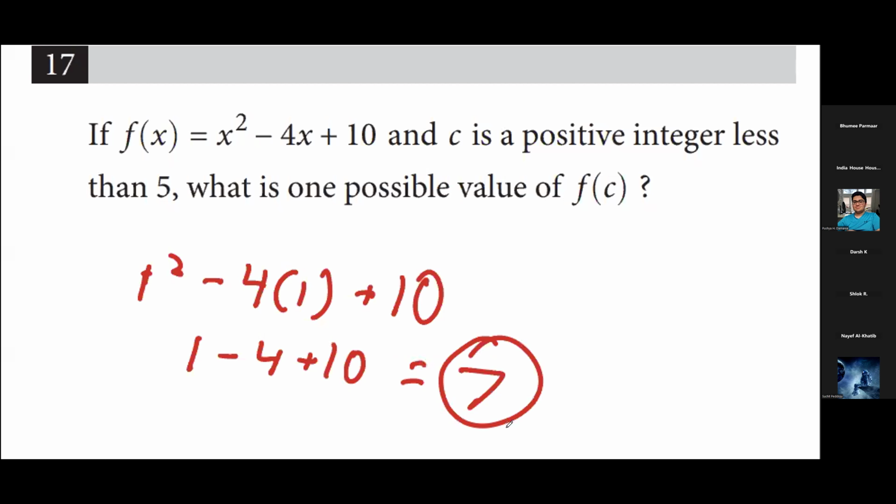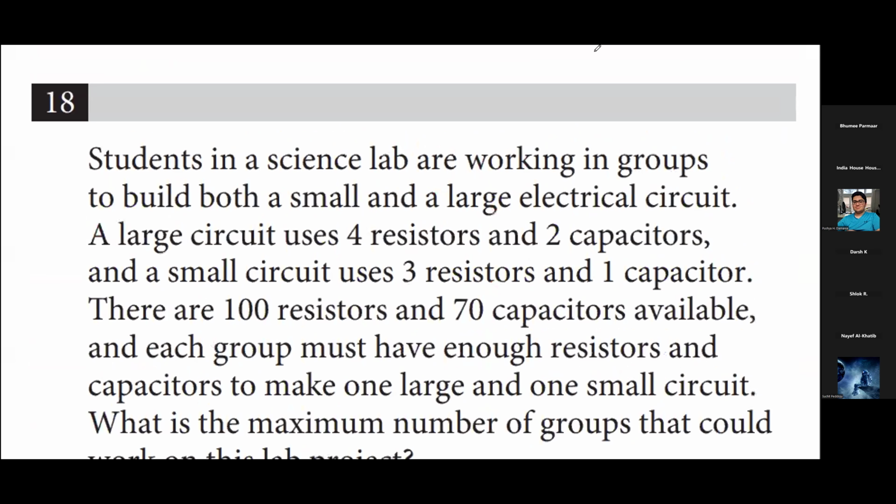If we plug in some other value for c, for example 2, they would also accept that answer. So the three accepted answers for this question were 6, 7, and 10. So basically for this question, just plug in 1, 2, 3, or 4. They accept multiple answers for this question. Okay, question 18.